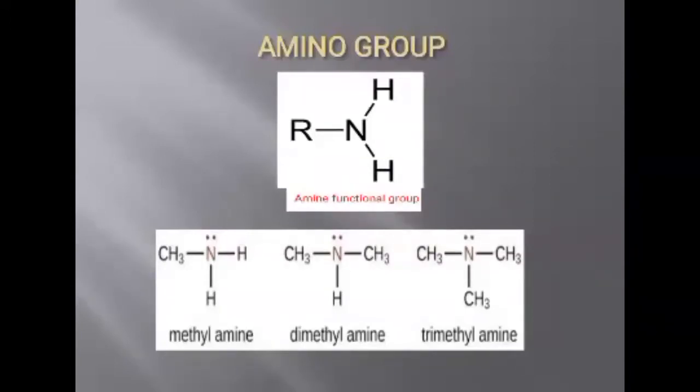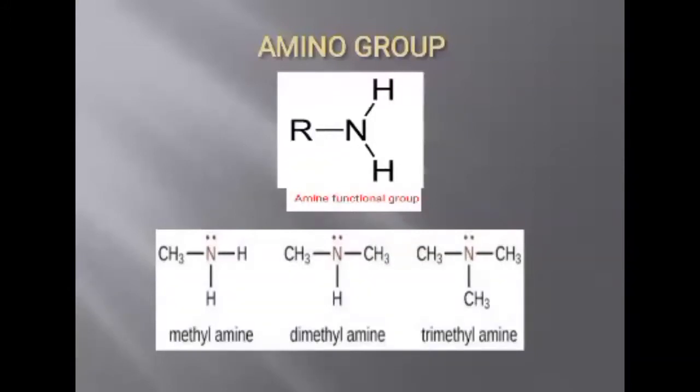All of them are amine compounds. The only difference is that they belong to different classes. The first one is the primary amine, which is NH2. The second one is the secondary amine, which is NH, only one H in this case, with other hydrocarbons. And the third one is the tertiary amine, N and three hydrocarbons. But all of them still fall into the family of the amino group, which is NH2.